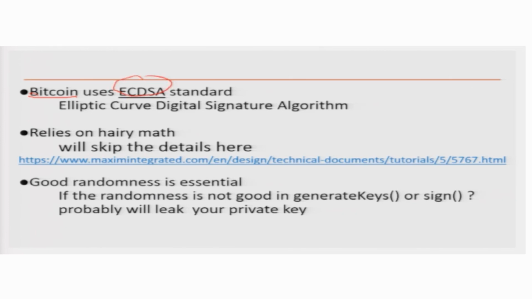Now, this ECDSA is not as simple as RSA, where, as I was describing, you need to know prime numbers, a little bit about modular arithmetic, and a little bit about the multiplicative inverse in a group.